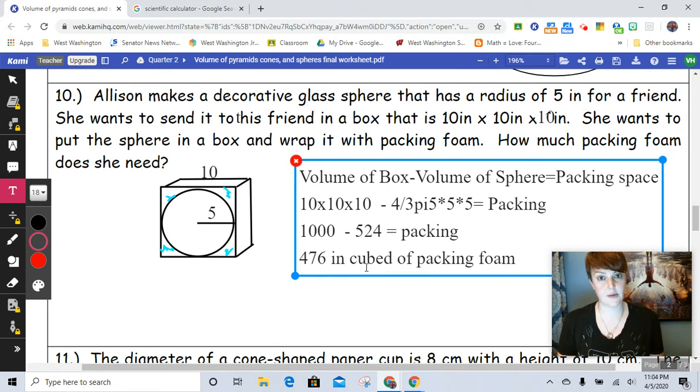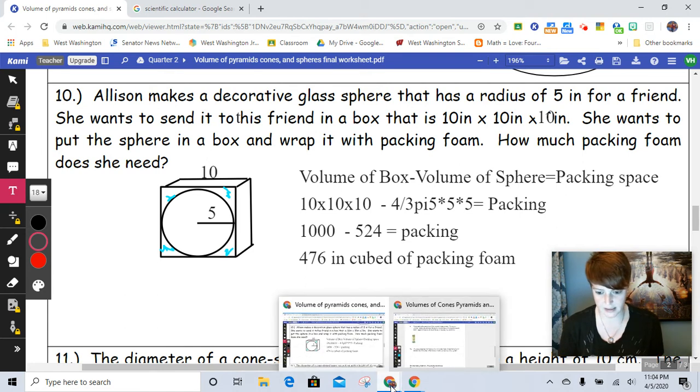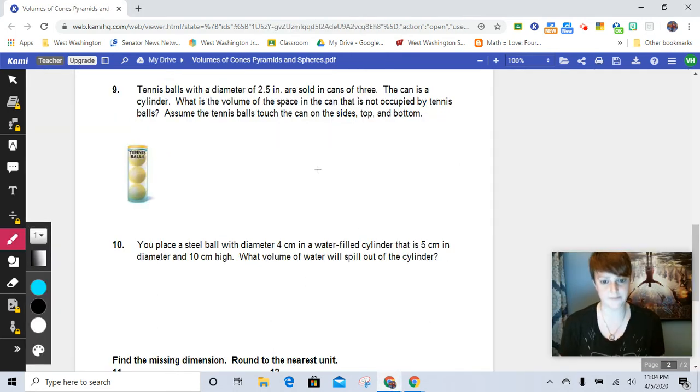And so we're going to have to find the volume that 3 tennis balls will take up. All the tennis balls are the same size, in case you weren't sure. So we would take 3 times the volume of the tennis balls, and we would subtract that from the volume of a cylinder.